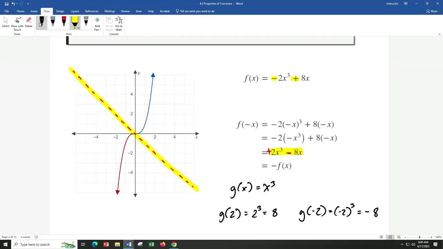That's what happened over here, but a negative and a negative make a positive. Negative x here stays, that's going to make that guy a negative. Like I said, this is a complete opposite of what? The original function. The original function had negative 2x cubed plus 8x, but the new one had a positive 2x cubed minus 8.